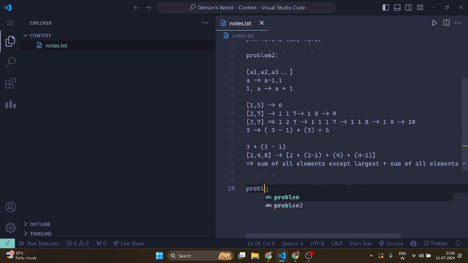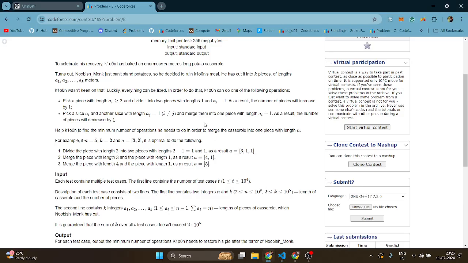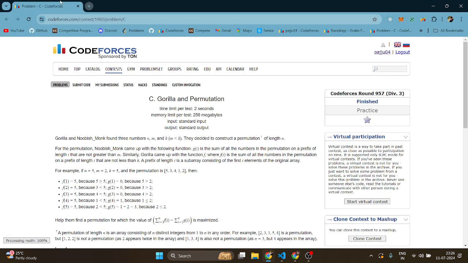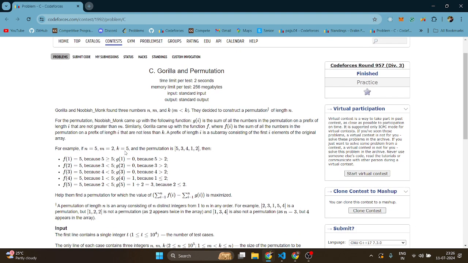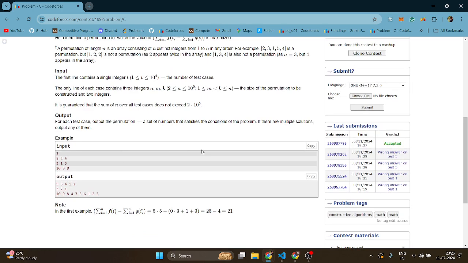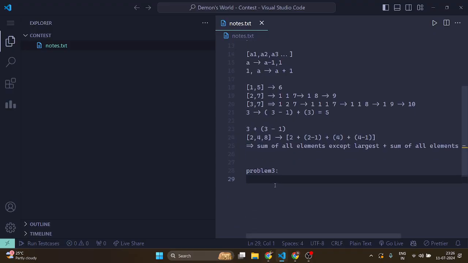Moving on to problem 3. I hope you have read the question, I'll still explain it in short.